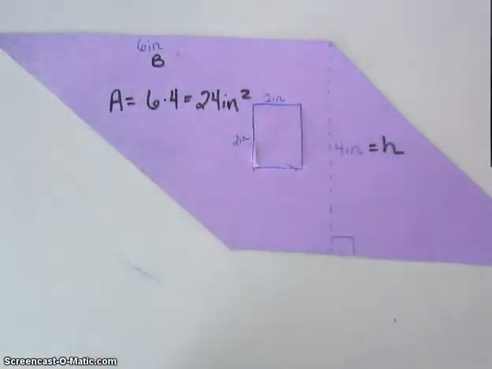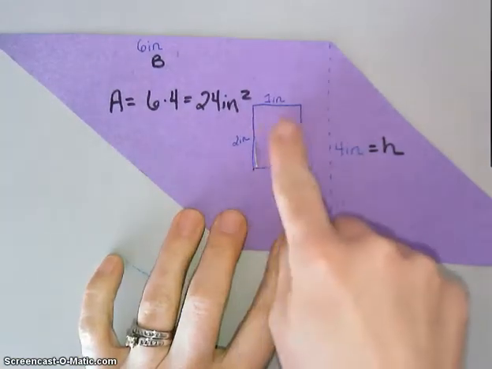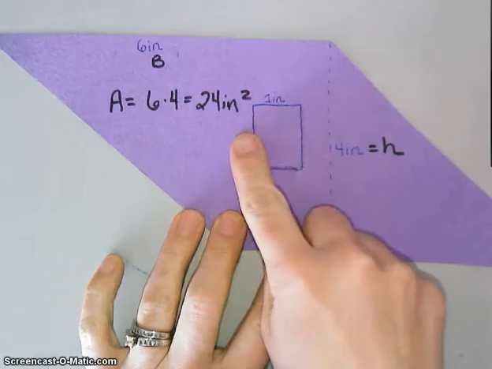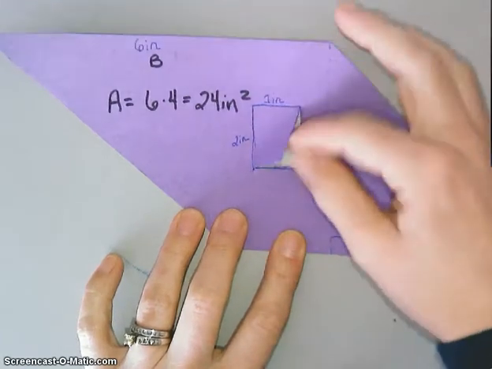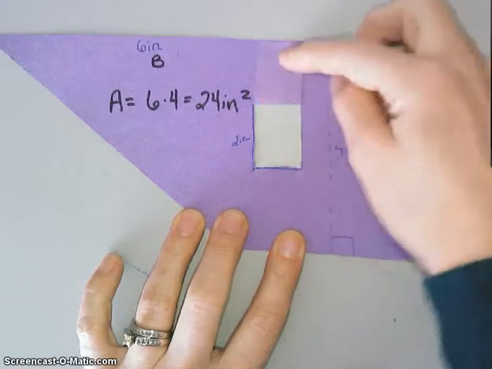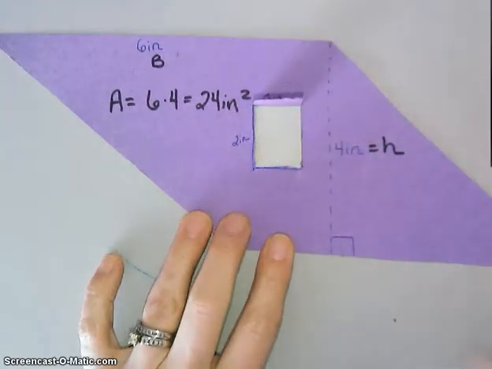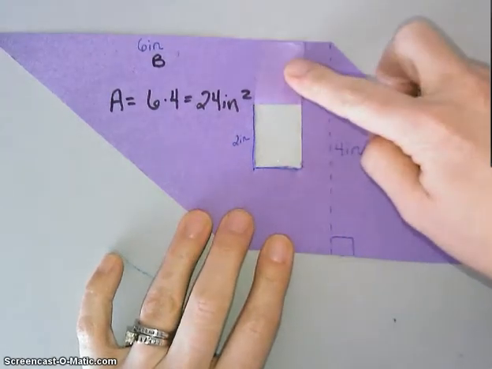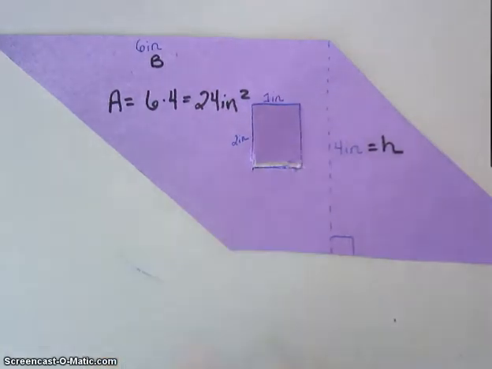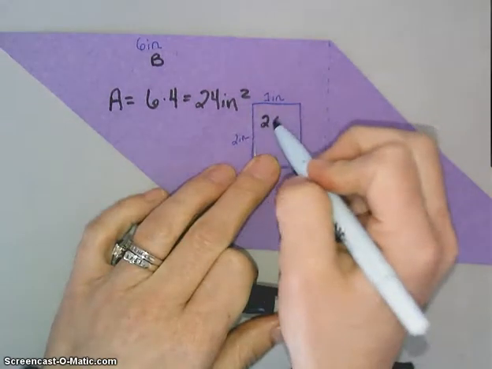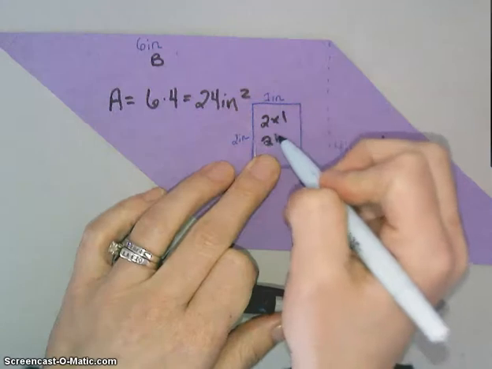Now I want to take out this little spot, and it's 2 by 1 inches. So I need to cut this out. What I'm interested in is how much area that takes away from my parallelogram. The area of this rectangle is just 2 times 1, or 2 inches squared.